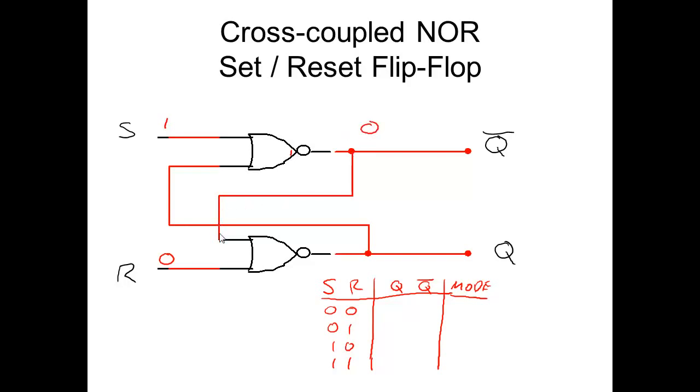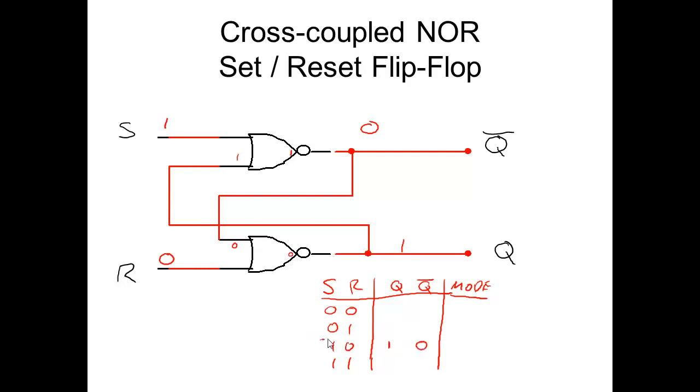This 0 is fed back to here. 0 OR 0 gives you a 0, which you invert to a 1. That 1 gets fed back here, and two highs still give you a 0, two lows give you a high, and that's our output.